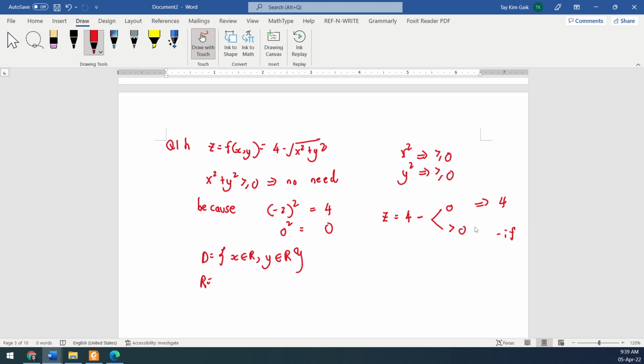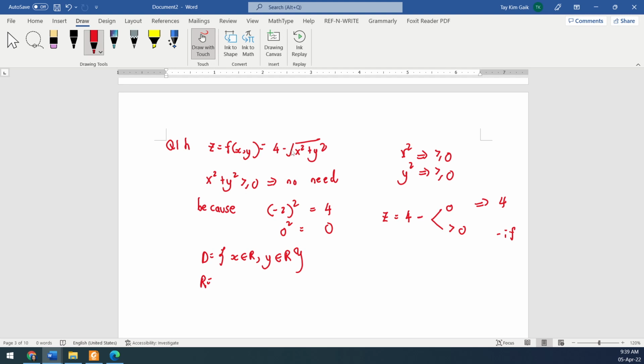Is it possible to get 0? 4 minus 4 is 0. So at most it is 4. Or is it the real numbers?